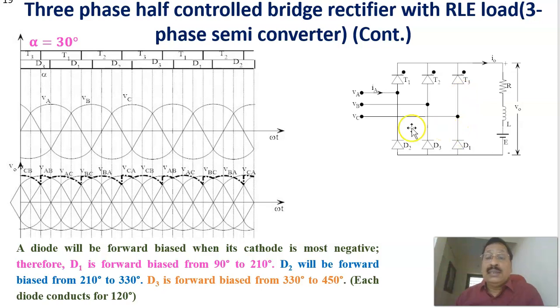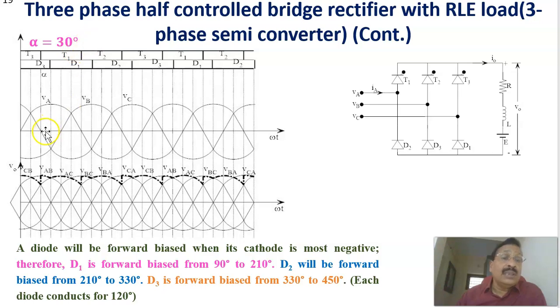On the negative side there is no control: the device with the maximum negative voltage will be conducting. During this period, for example, the device connected to phase A is the maximum negative, and here the maximum negative is phase C. The corresponding diode will be conducting, and based on that, the switching devices conducting for different durations are marked like this.